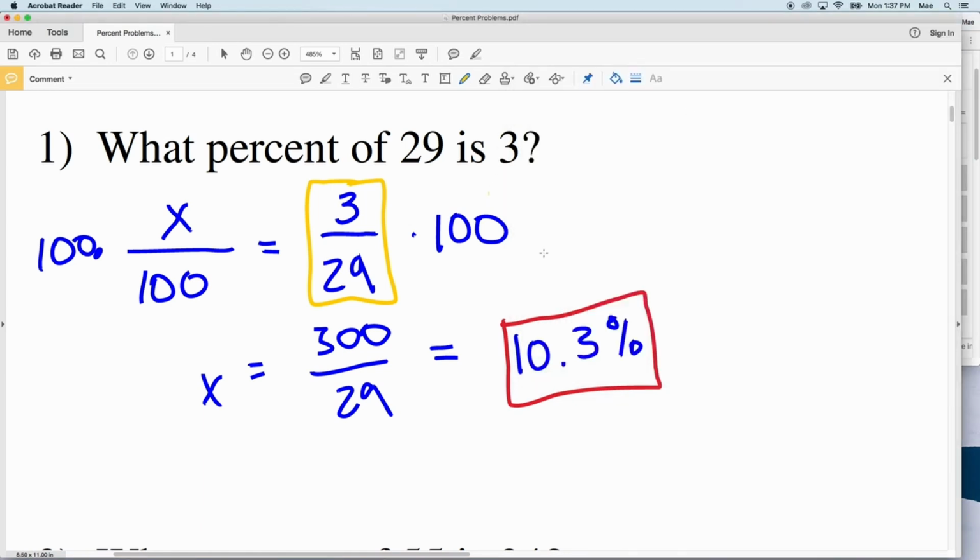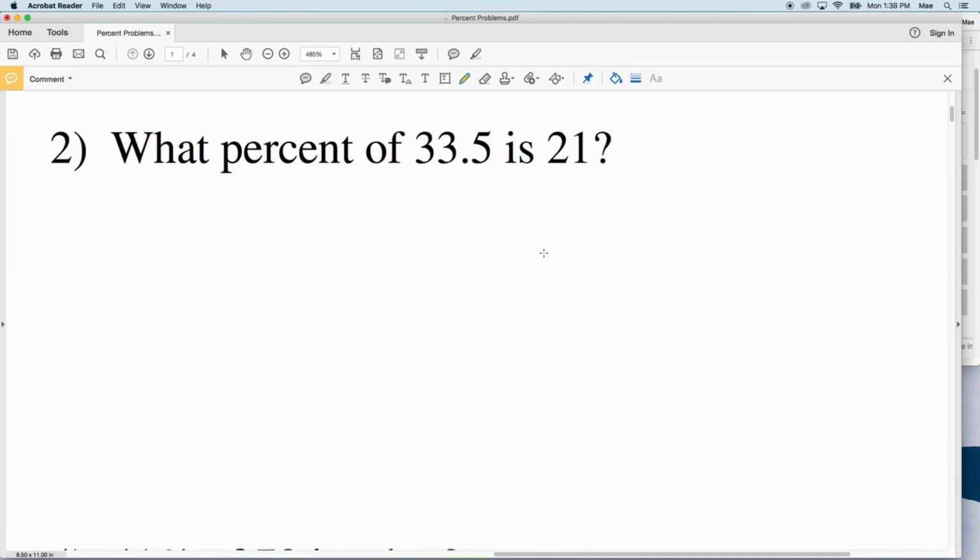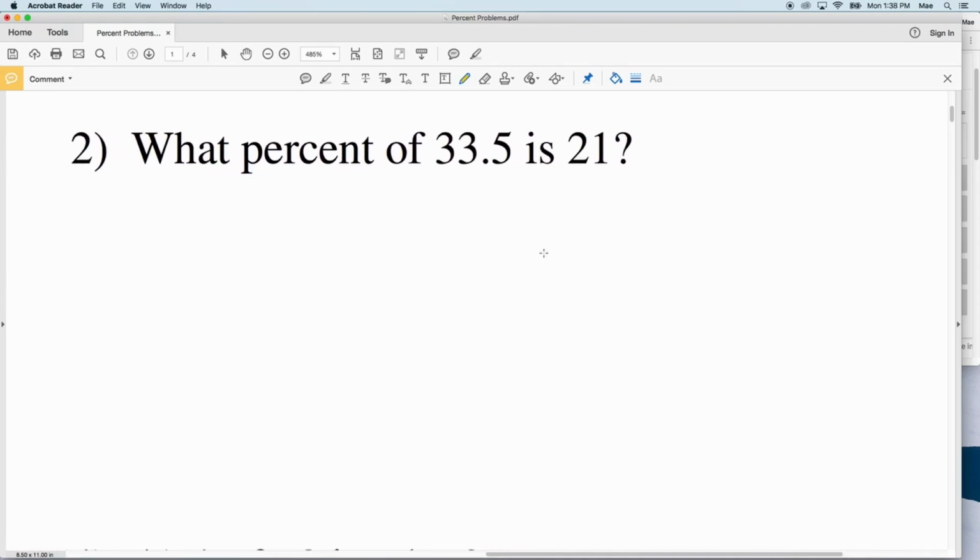Let's move on to number 2. So we're saying what percent of 33.5 is 21? So we're looking at 21 out of that 33.5. So now we're going to set up our proportion, x over 100. So we're asking what percent of that 33.5 is 21.